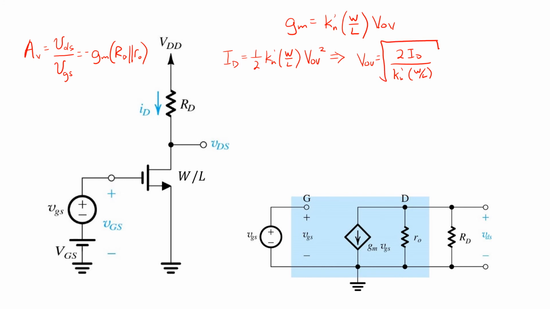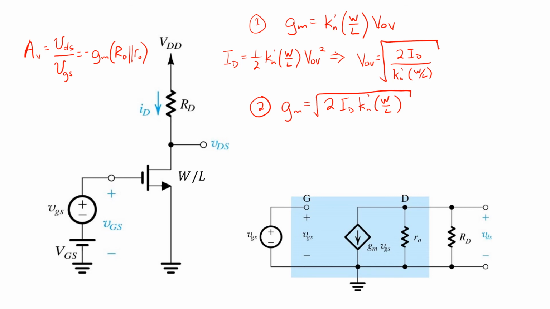Okay, now substituting this expression into this first expression up here shows that GM can be written in terms of ID as follows. So this is a second expression here for GM.